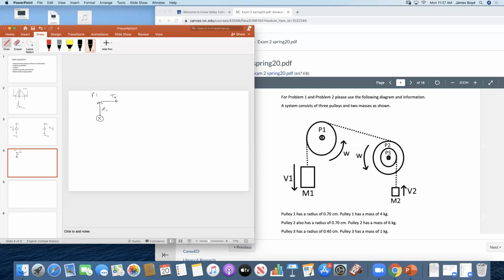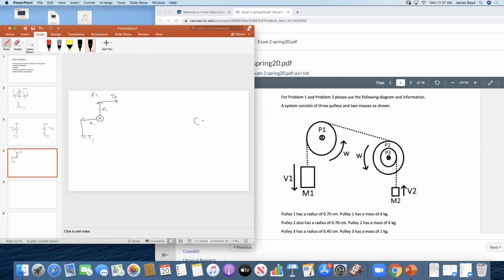I'm just going to call this TP. That is this line right here, and it's at a distance R, the radius. I'm going to call this R1, and I'm going to say this is tension 1. From my free body diagram, there's a tension pulling this mass up, there's a tension pulling this pulley down.